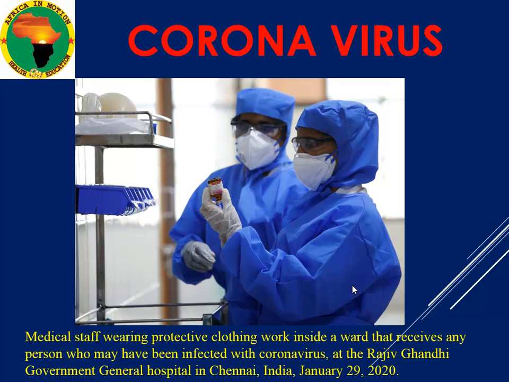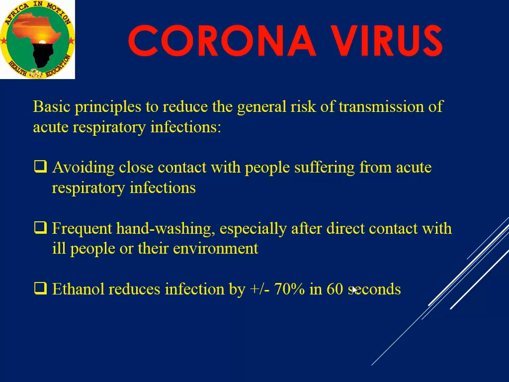Many people are working hard on giving treatment, supporting patients, but also they need to protect themselves. Basic principles to reduce the general risk of infection: we need to avoid close contact with people suffering from acute respiratory infections. Frequent hand washing.